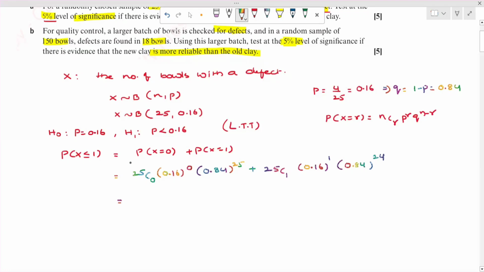If you simplify using the calculator, you will get approximately 0.0737.